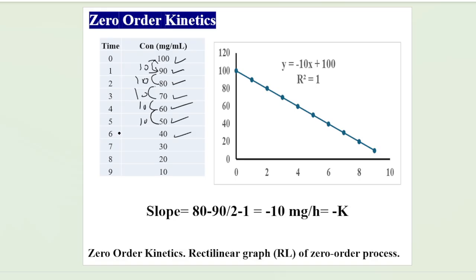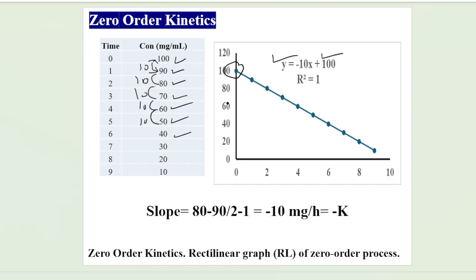So in this case, if you apply the equation for zero order kinetics, the concentration of drug inside the body at any time will be equal to -10x plus 100. 100 is basically the intercept, and x is the time, and y is the concentration that you want to find out.